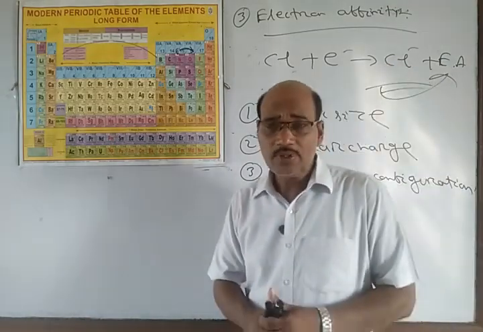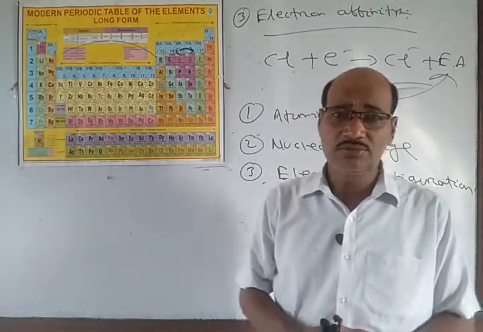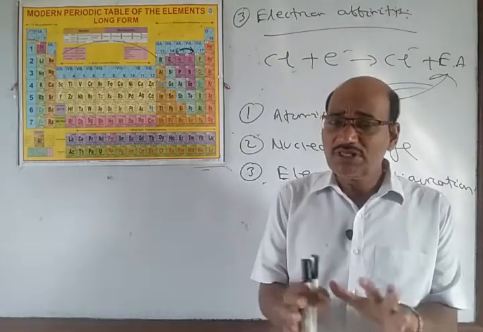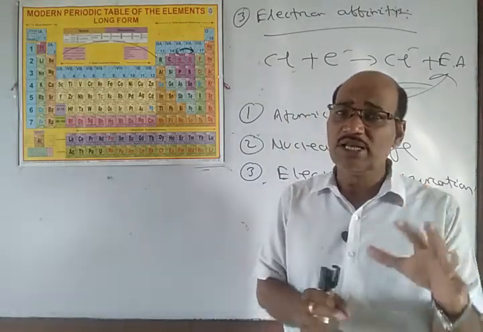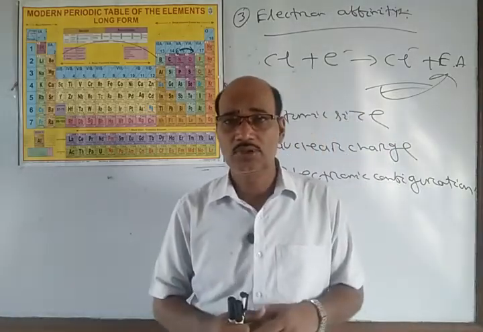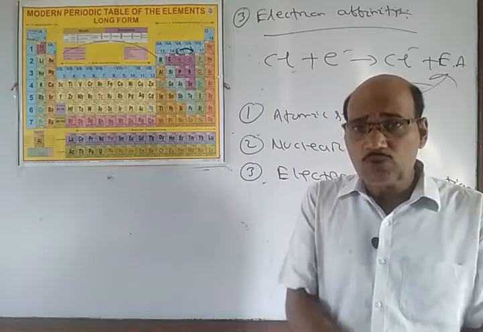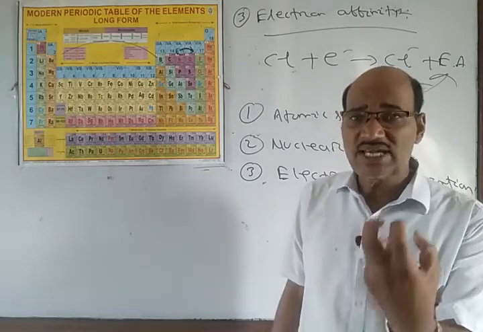Okay. See, atomic size. If the size of an atom is large, then the nucleus will have a lesser force of attraction on the valence shell. So if you want to add an electron to the valence shell, that cannot be accepted easily.